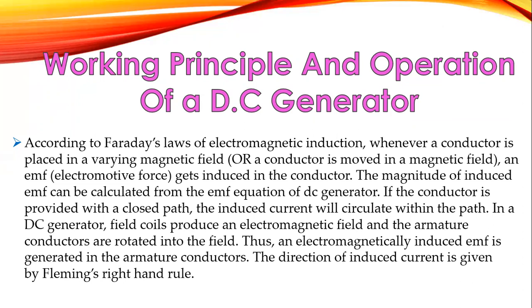The magnitude of the induced EMF can be calculated from the EMF equation of a DC generator. If the conductor is provided with a closed path, the induced current will circulate within the path.